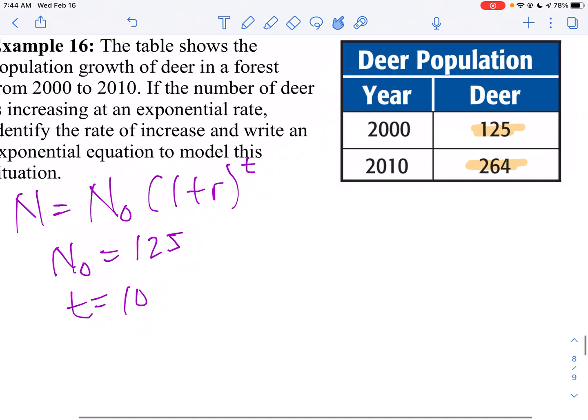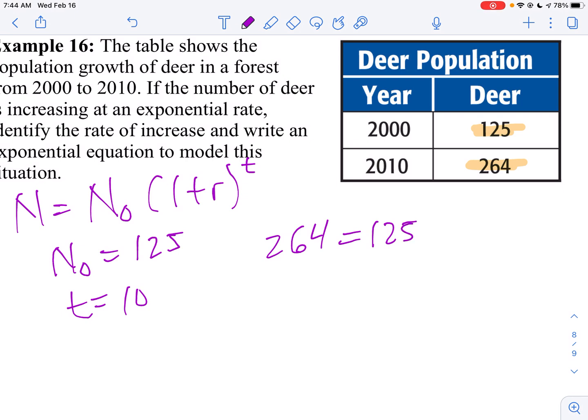So now let's just do the equation. 264 equals 125 times (1 plus r) raised to the 10th power. Well, I'm going to divide both sides by 125.